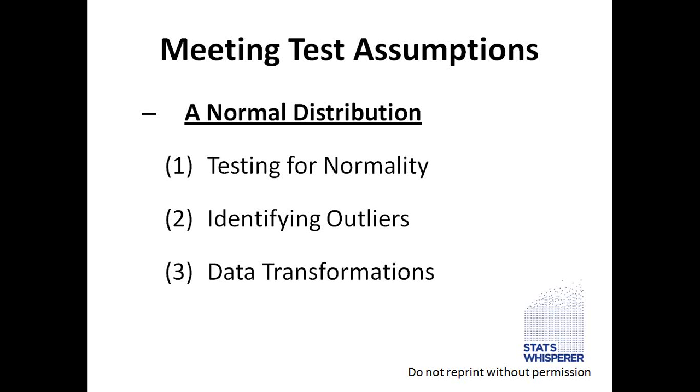So if the distribution is not normal, you may want to check for outliers, which are extreme scores. So happiness is 1 to 100, and the average score is 50, and then you have one person that's 100, they're very happy. It's a very high score, and that could skew all the results.